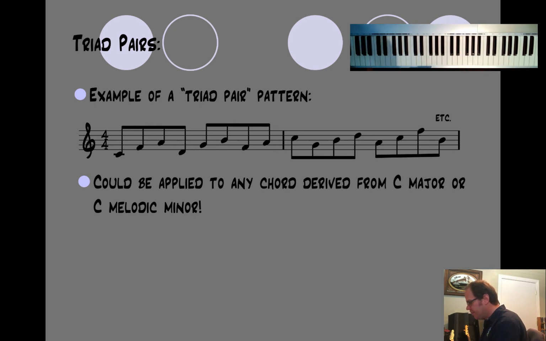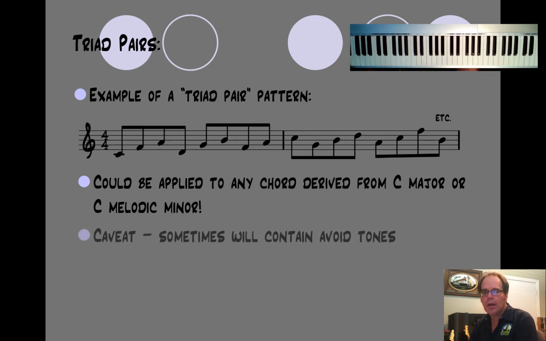How about Lydian dominant? That works pretty well, right? Sometimes they'll have avoid tones. Like that triad pair, probably not so great to play over C major 7 because it's got that avoid tone, and then when you get in the upper register, it's got that avoid tone in it.